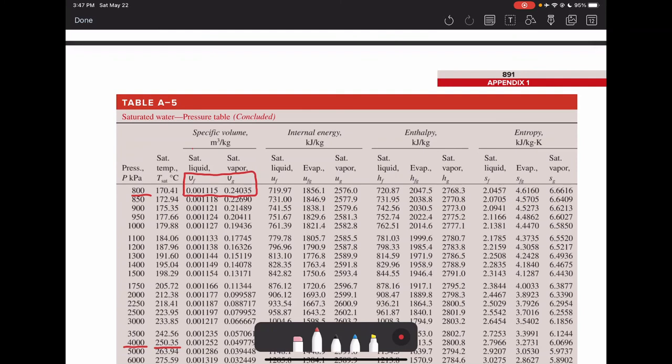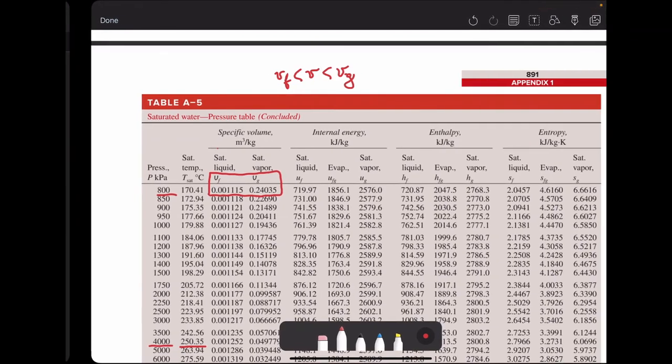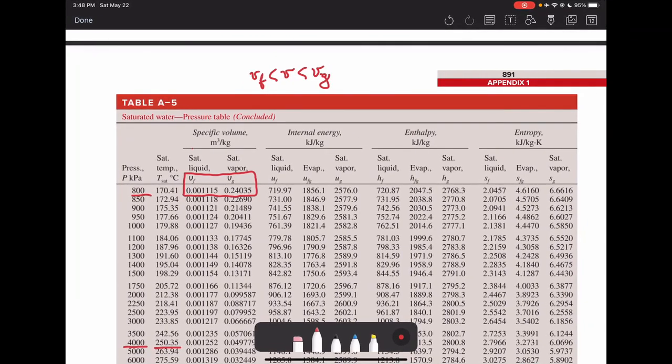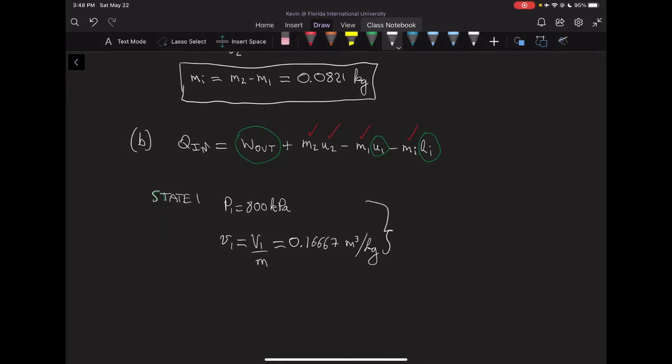And we can see that our V lies between VF and VG. So VF is less than V, which is less than VG. So it's between the two. So we know we have a saturated mix. And since we know the value, we can find X. So I'm not going to go through the process, but I'll let you do this on your own. So we can find what X is equal to.